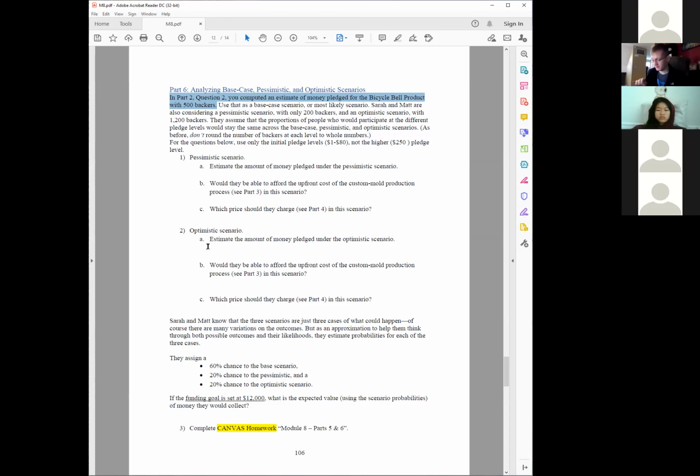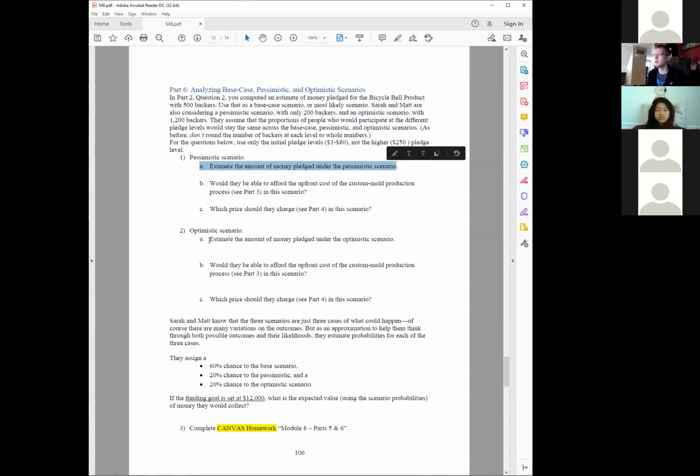We're gonna use that calculator, and we're gonna consider 2 other scenarios. So this 500 backers case is going to be considered the base case. We're also going to consider a pessimistic scenario where, okay, maybe we don't get 500 backers, maybe we only get 200 backers. And then last of all, an optimistic scenario where we get 1,200 backers.